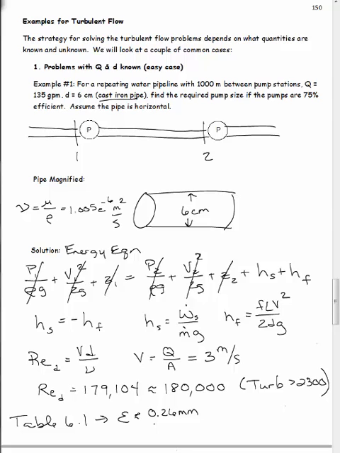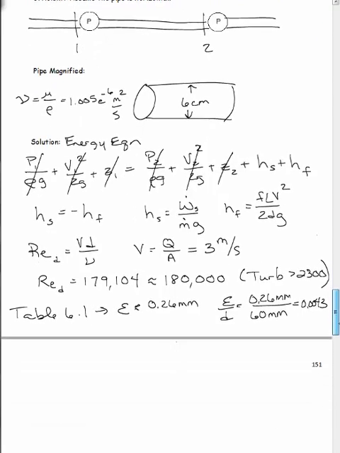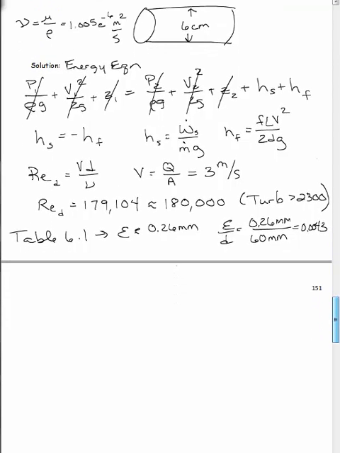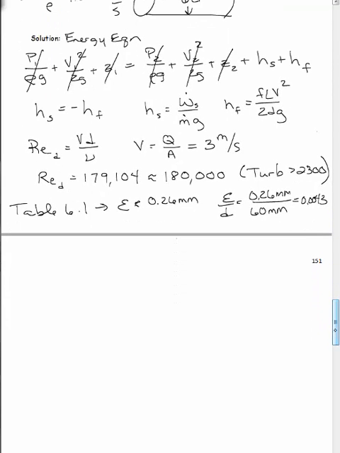And then our epsilon over D is going to be 0.26 millimeters over our diameter of 6 centimeters, which is 60 millimeters. So that comes out to be 0.0043.